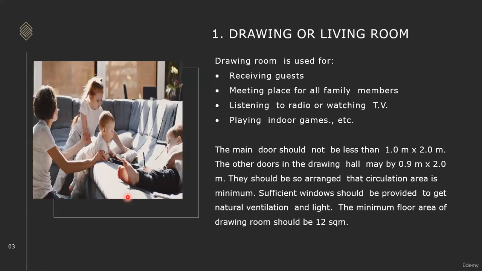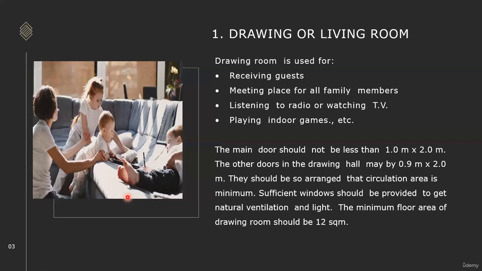We consider 3-seat sofas in the living room. We put the TV unit in the living room, and one small teapoy we can use in the living room. So for this furniture to be set in the living room, that much space is required.